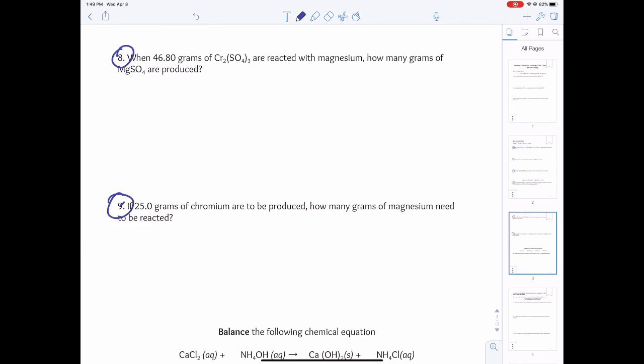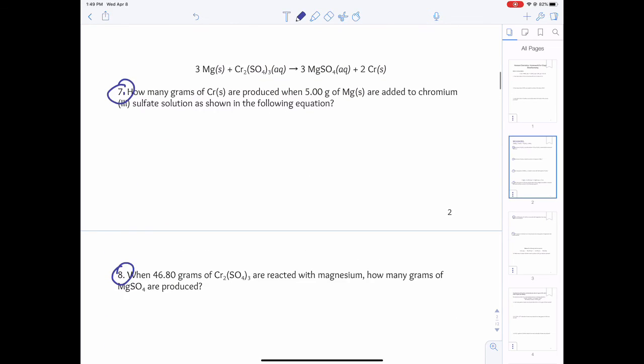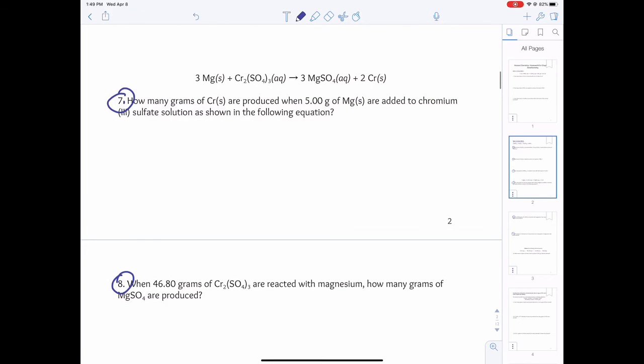You don't need to do them in a BCA chart, or you don't need to do some of them with 3 parentheses. You can do whichever one of the 2 methods we have looked at. Either one works. Good luck, and we will go over the answers to these next week if you have any questions.